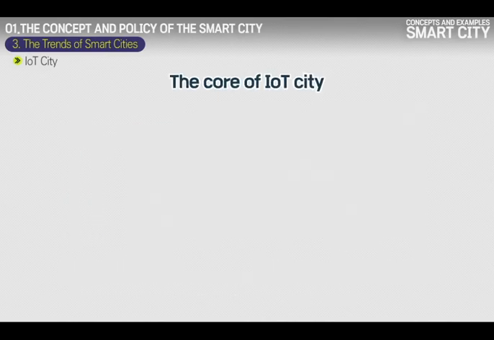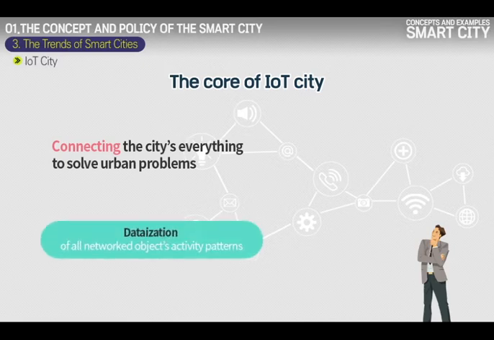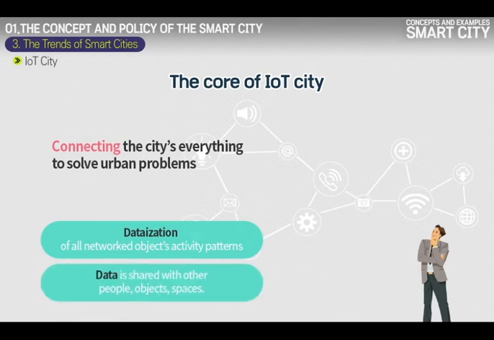The core of the IoT city is to connect the city's everything, including people, objects, and spaces, to solve urban problems. In urban space, the activity patterns of all networked objects are created into data, and the data is shared again with other people, objects, and spaces.